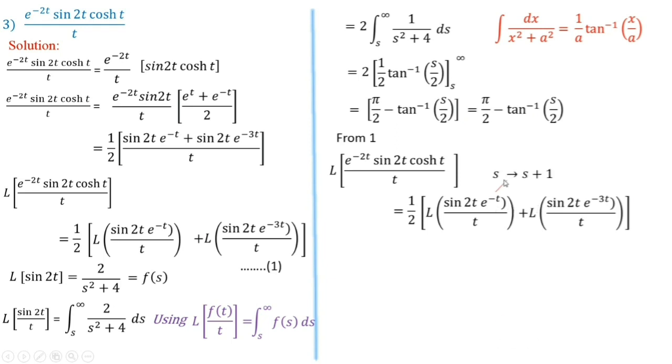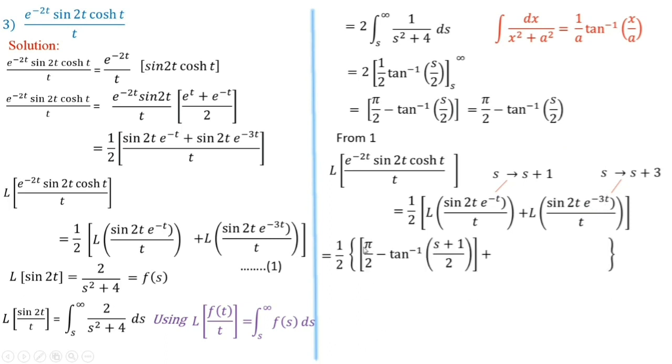Here, by using the first shifting theorem, put s equal to s plus 1, then we get Laplace of sine 2t into e raised to minus t upon t. Similarly, put s equal to s plus 3, then we get Laplace of sine 2t into e raised to minus 3t upon t.